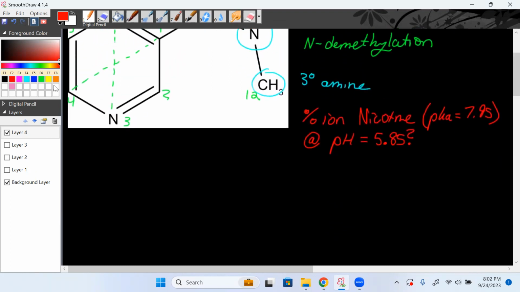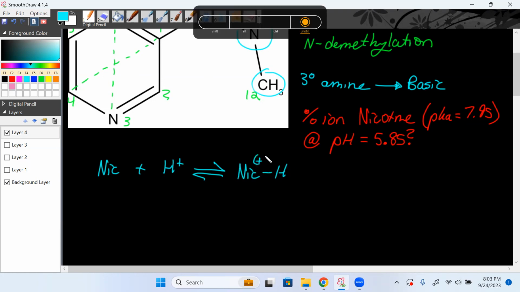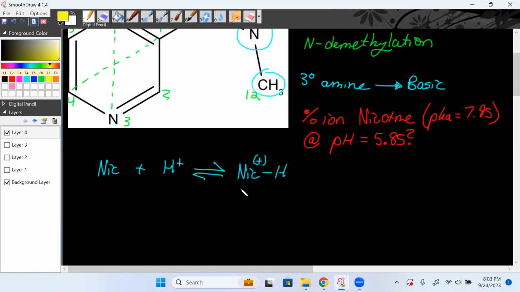So first things first, we need to identify acidic or basic. People correctly pointed out that nicotine has a tertiary amine, which would tell us it's basic, which means that our equation is going to be nicotine plus a hydrogen creates the protonated form of the drug. So this would be our protonated and our ionized form.